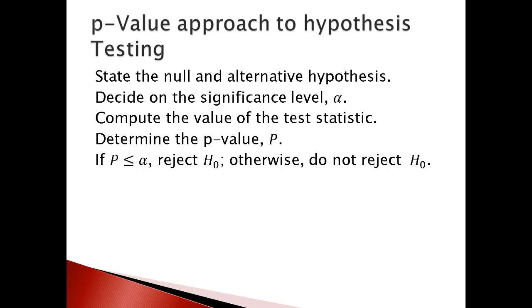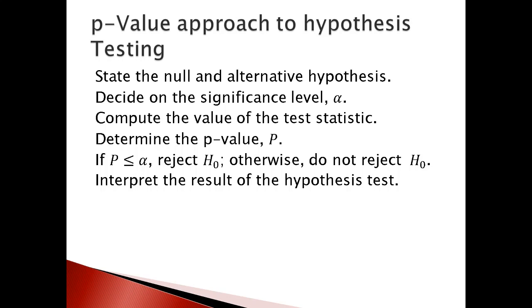Otherwise, we do not reject the null hypothesis. And then we interpret the result. So for example, if p is indeed less than or equal to alpha, then we'll say that there is sufficient evidence to say the alternative hypothesis is true, something like that.